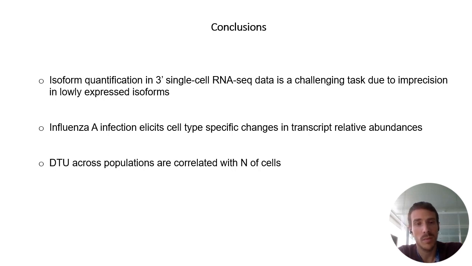We also see from our data analysis that influenza A infection elicits a cell type specific change in transcript relative abundances. And from our population comparison, we can observe some very interesting examples of differential transcript usage, and the signal is correlated with the number of cells, and also partially enriched in ribosomal and ribosome related genes.